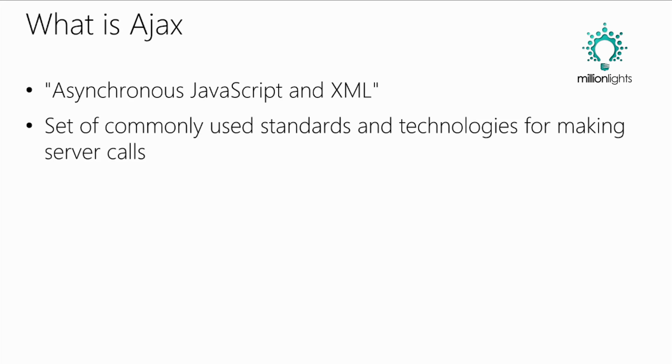So first up, let's go ahead and define Ajax. Ajax basically stands for Asynchronous JavaScript and XML. The reason I'm taking my time with that sentence is because that's kind of what it stands for, but it doesn't necessarily have to do anything with all of that.